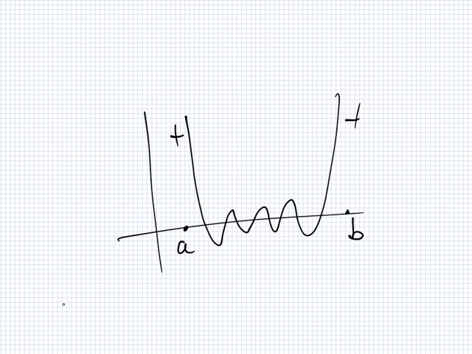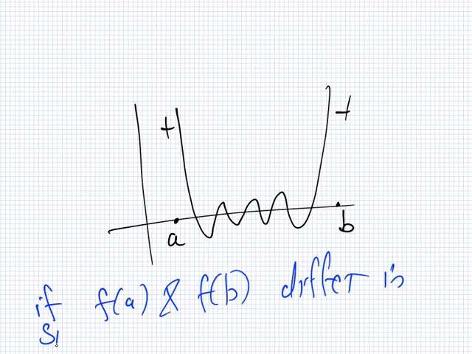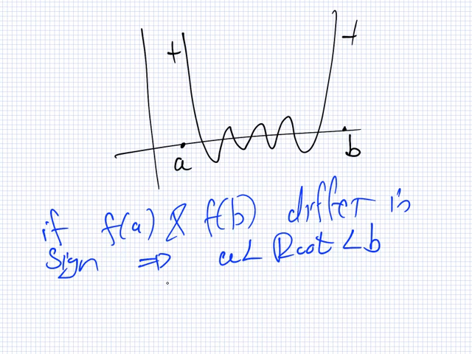So in other words, if f of A and f of B differ in sign, then that means there's a root somewhere between A and B. But it's important that you understand that the opposite is not true.